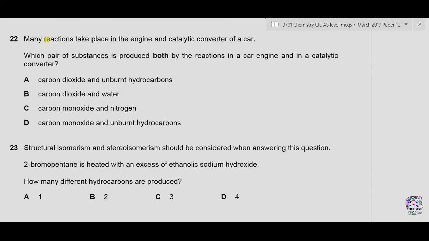Question number 22. Many reactions take place in the engine and catalytic converter of a car. Which pair of substances is produced both by reactions in car engine and in a catalytic converter? Now we know that in car engine combustion takes place, and as a result of combustion carbon dioxide, water, carbon monoxide, and unburnt hydrocarbons are produced.